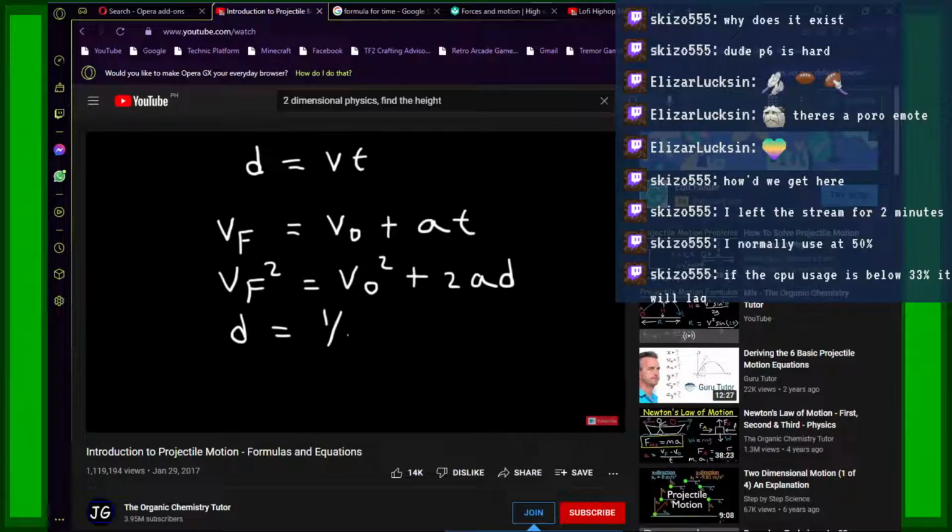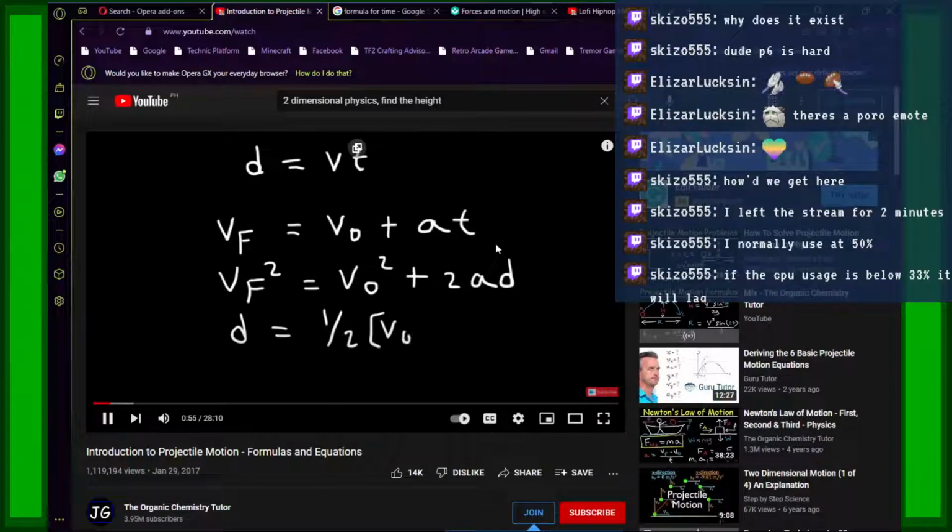Displacement is equal to the average speed, which is basically the sum of the initial speed and the final speed divided by 2, multiplied by the time. As you can see, the third equation that I listed here looks like the first equation for a constant speed.